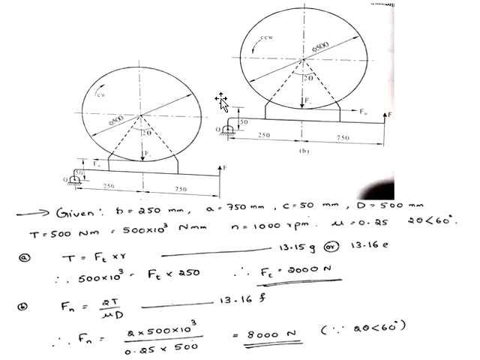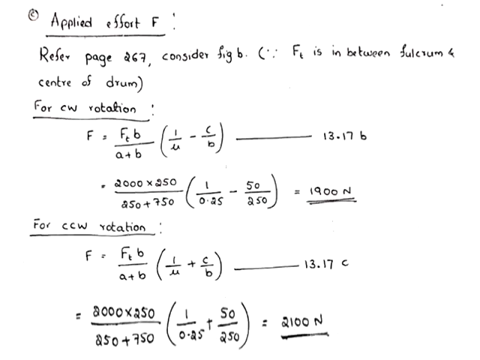Now refer to the diagram in page number 267, second figure, figure B. In figure B, for clockwise rotation, the direction of rotation and force are opposite to each other. Therefore, you have to select the clockwise equation for clockwise rotation. The equation is equation number 13.17b. In this equation, all the values are known. Substitute, you will get F for clockwise rotation.